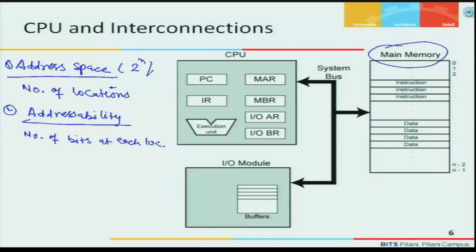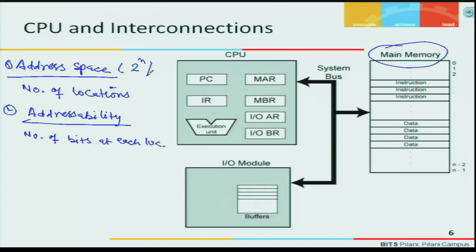Usually it is represented as 2 raised to the power because of binary. So 2 raised to the power n is the total number of locations. n can be 1, 2, 3, 4, any integer. Now, each location must be identified uniquely, because the data is stored at a specified location. So the processor needs to identify each location uniquely.